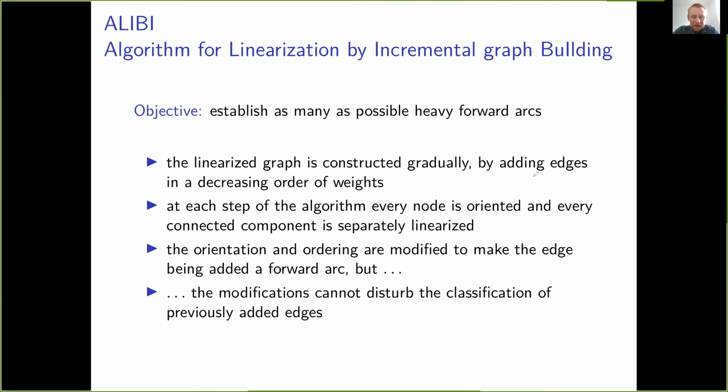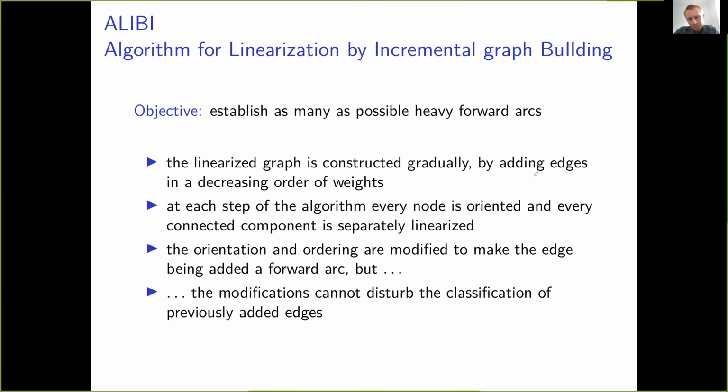So the idea is to add edges to the graph from the heaviest to the lightest and try to make them forward arcs, to establish as many forward arcs as possible.